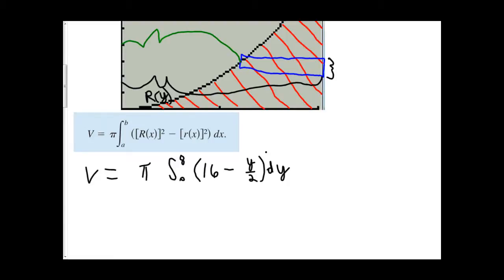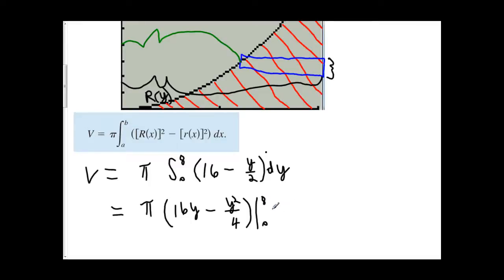Well, let's see, our integral yields pi, and then when we integrate 16, we get 16y, and when we integrate y over 2, we get y squared over 4, and we are taking this from 0 to 8.